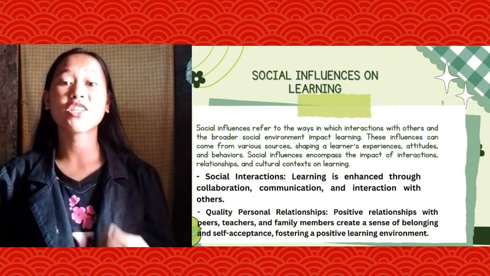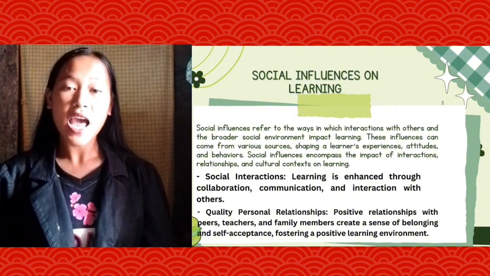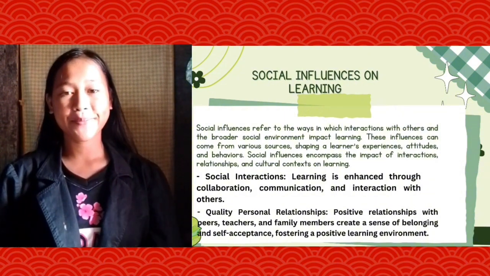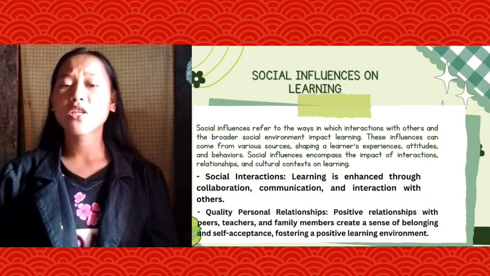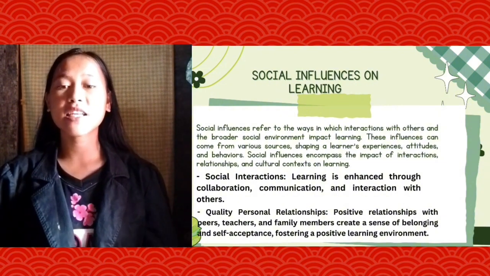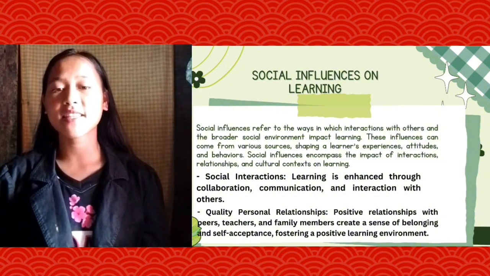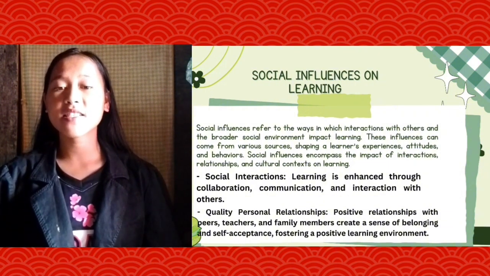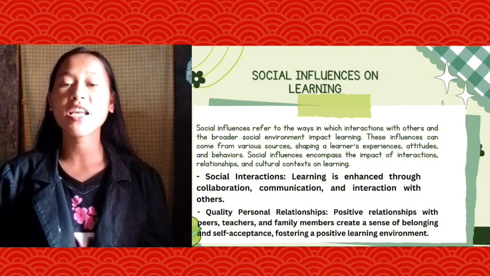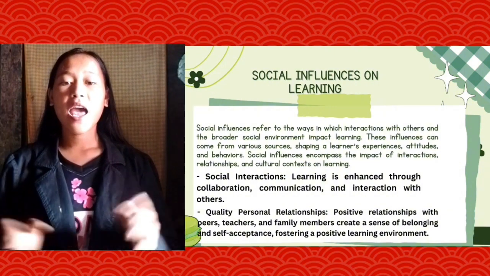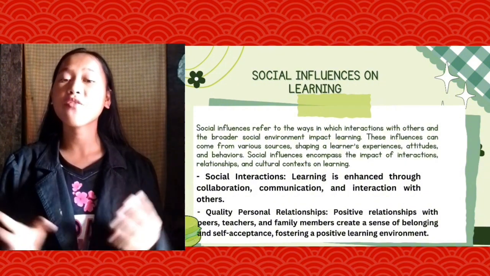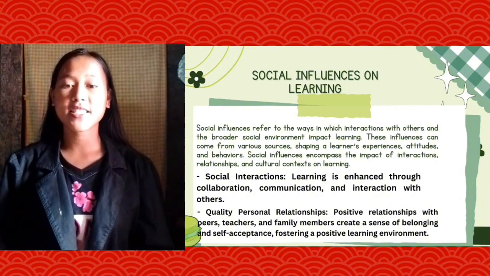The impact of interaction, relationships, and cultural context on learning. In short, social influences are powerful forces that shape our learning experiences. Understanding these influences helps us create more effective learning environments and foster a love of learning in individuals and communities.